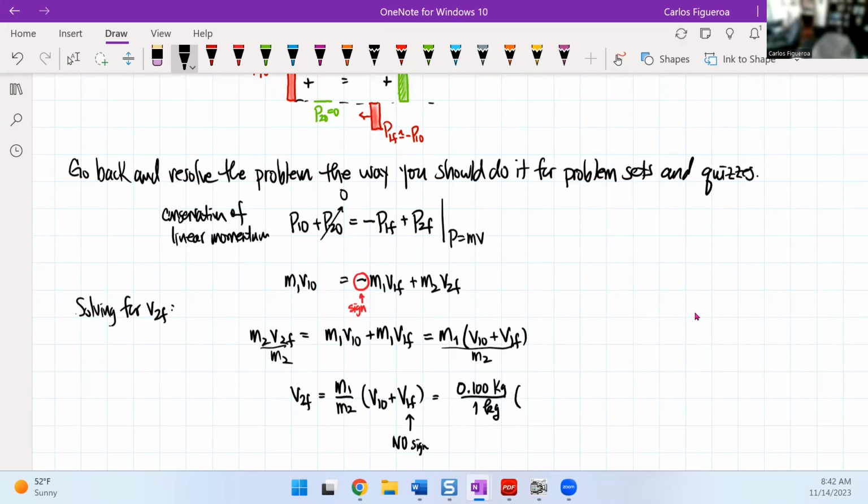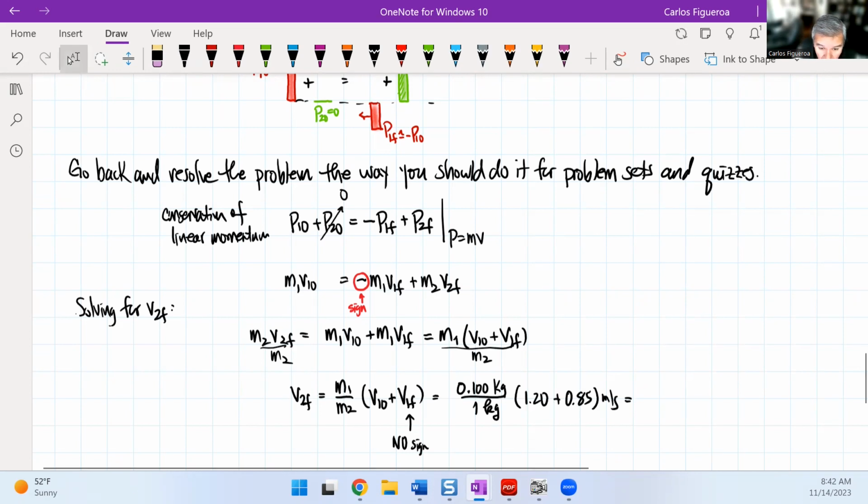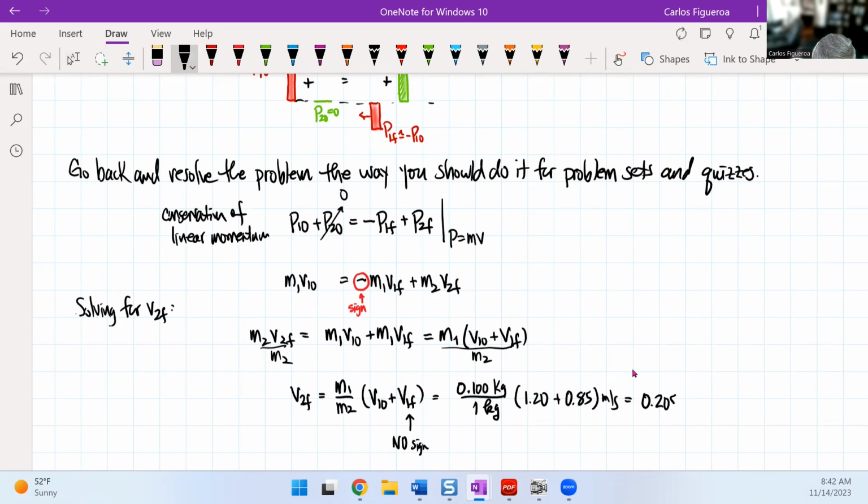And then my speed here is going to be 1.20 plus 0.85 meters per second. And so this will then give me a value of 0.205 meters per second. And that's the final speed of block 2.